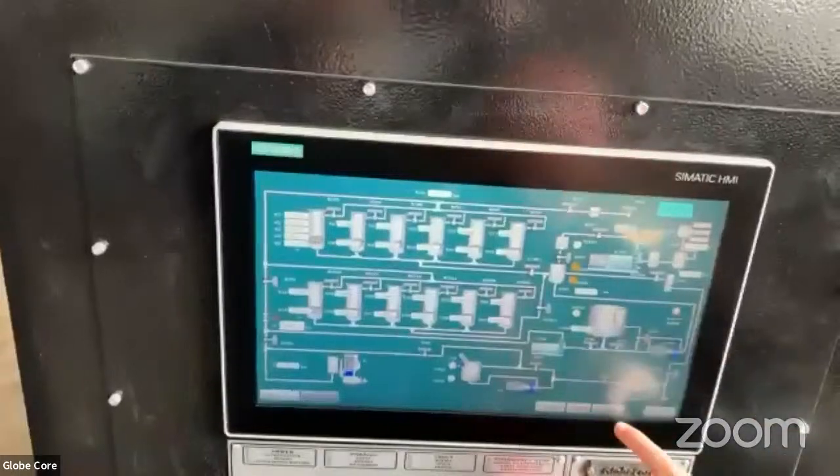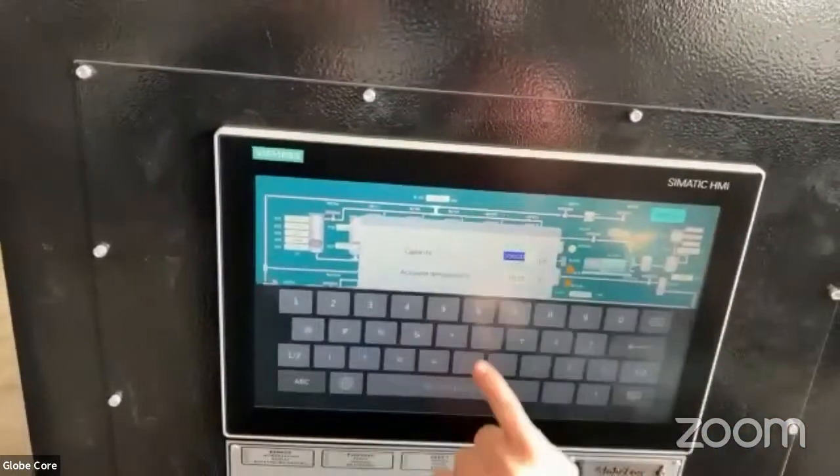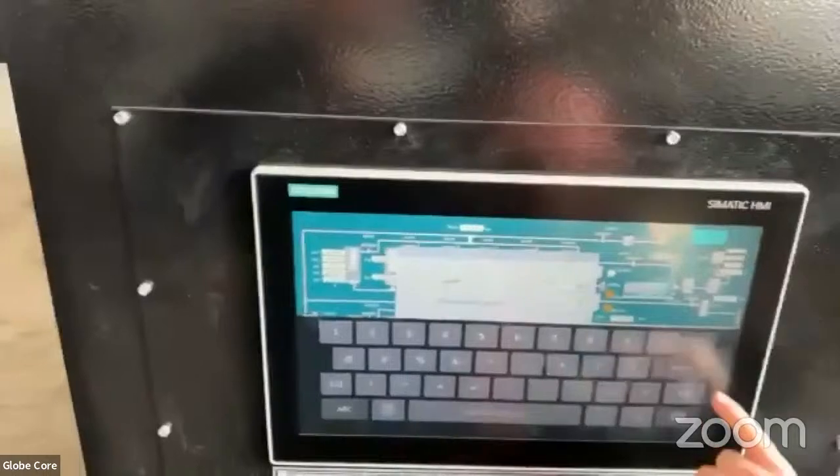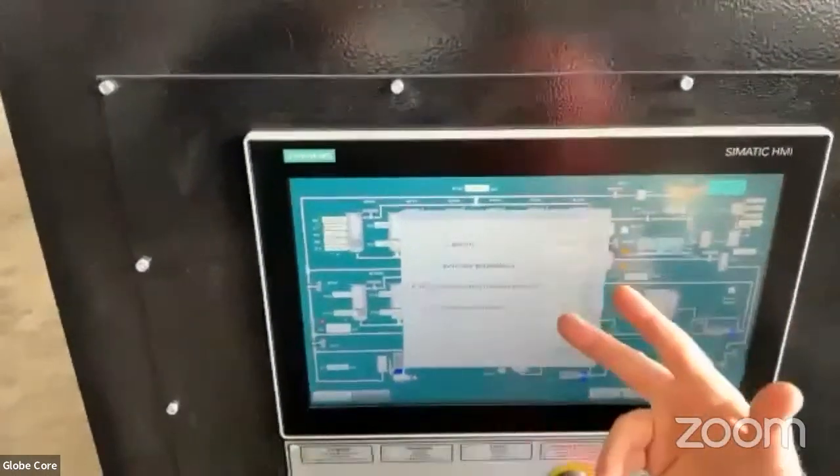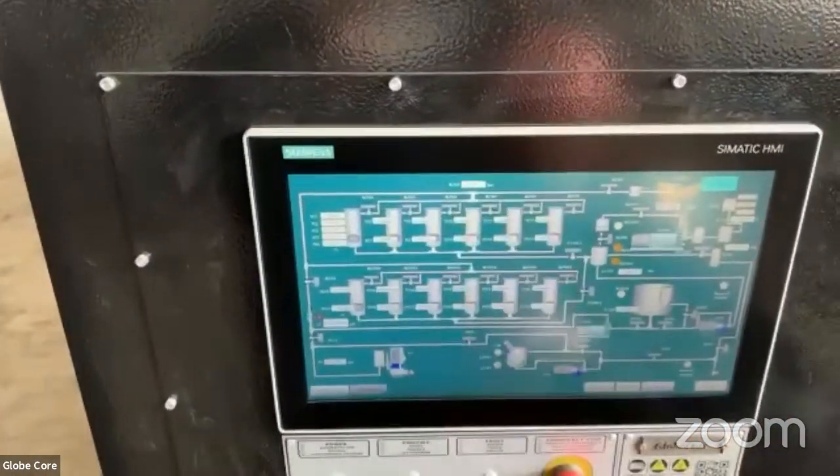Also, you can set, let's say, capacity. The capacity of this unit is up to 2 cubic meters per hour.